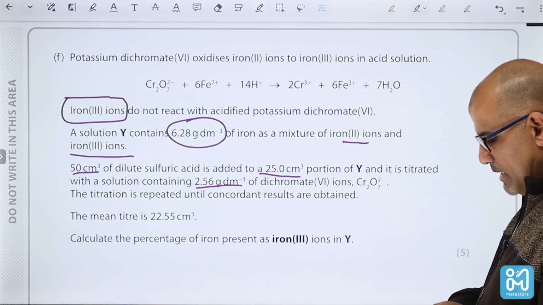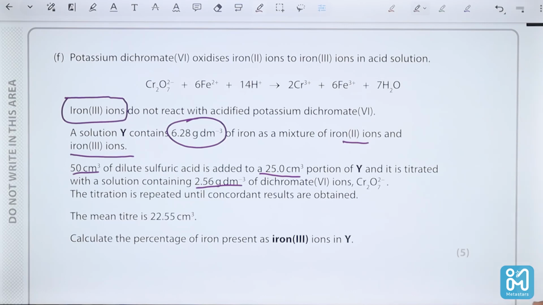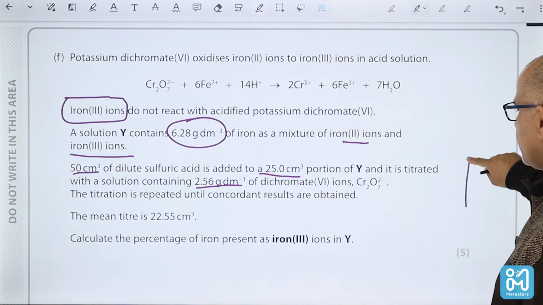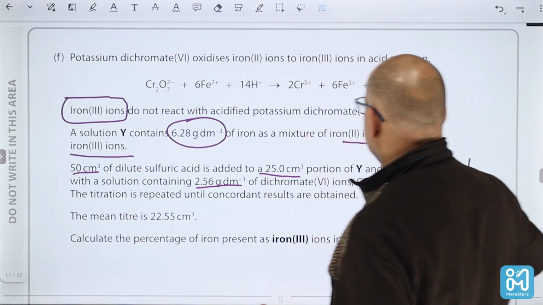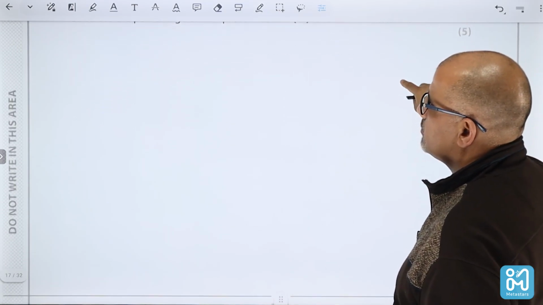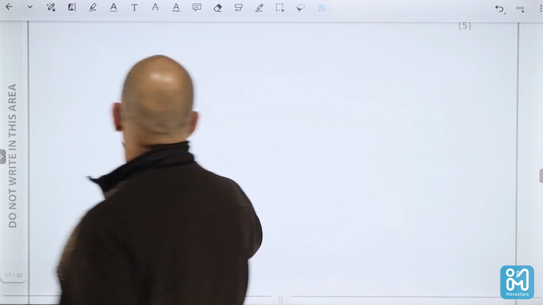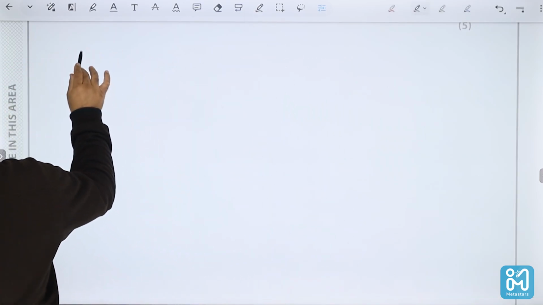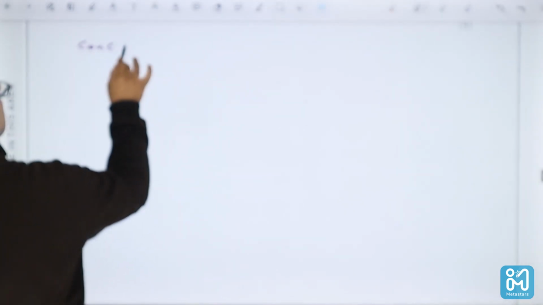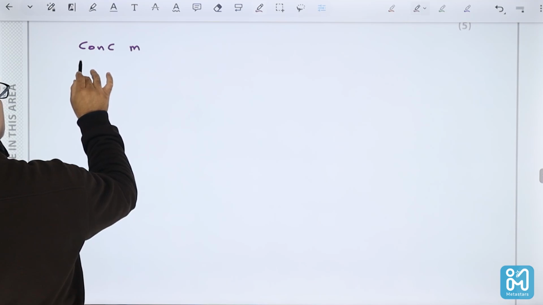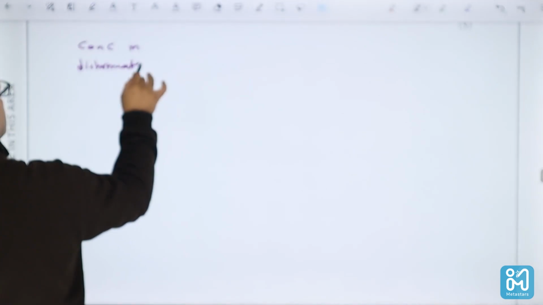So the first step is to find the concentration of the dichromate ion, Cr2O7 2- solution.